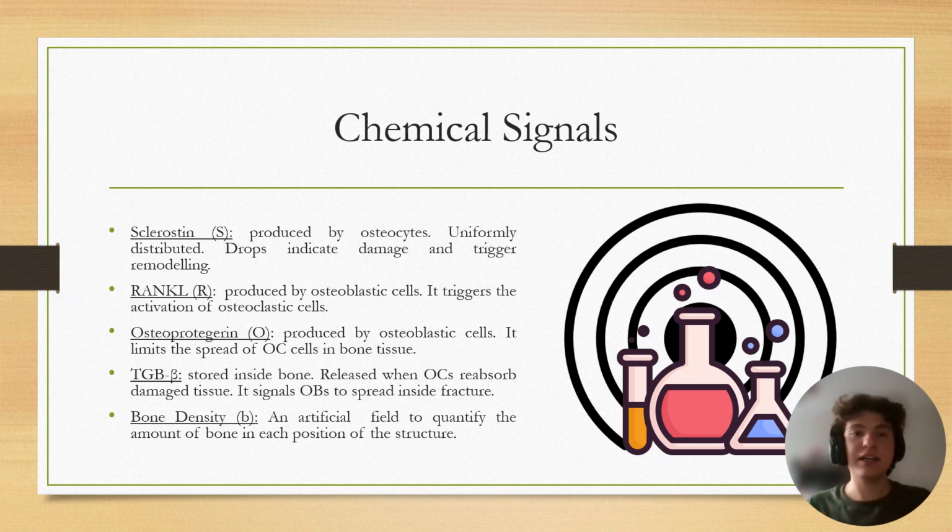This signal indicates osteoblasts to start spreading or dividing inside the absorbed zone to start the reparation process. And finally, we have an artificial variable introduced in the model called bone density, which quantifies the amount of bone in each position of the bone. So when osteoclasts are absorbing unhealthy bone, this quantity goes down. And when osteoblasts are repairing the bone, this quantity goes up.